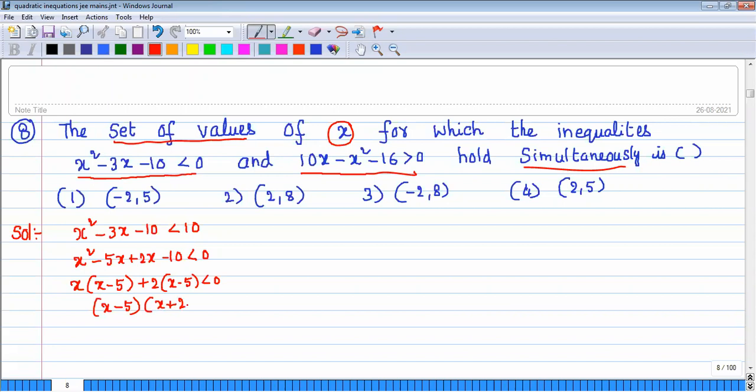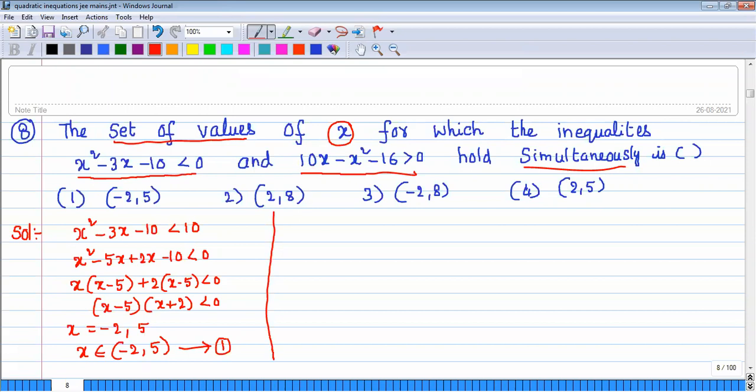That means here x equal to minus 2 and 5. Whenever less than 0, x lies between minus 2 comma 5. Here one solution is x belongs to open interval minus 2 comma 5. Say this is equation 1.